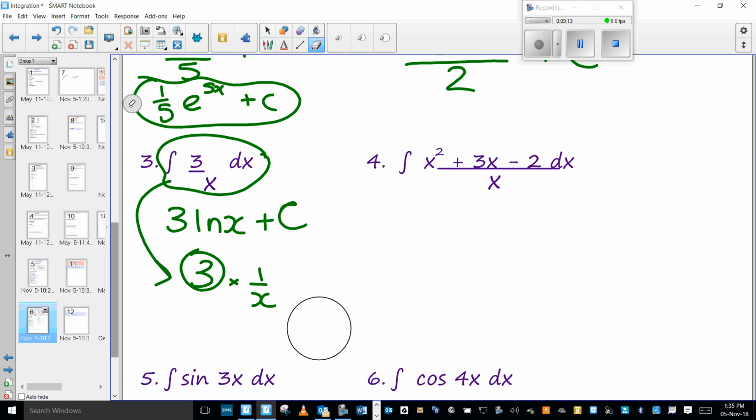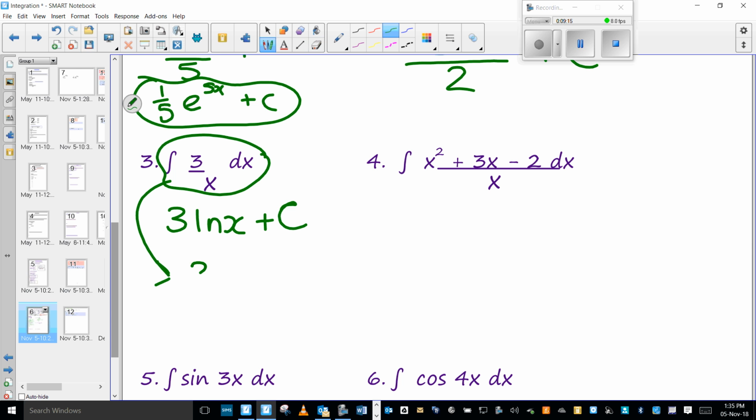Do you appreciate that 3 multiplied by 1 over x is the same as 3 over x? I've just split it. So secretly that's 3 over 1 and that's 1 over x. Well, what's the integral of 1 over x? And so that's why it's 3 ln x.